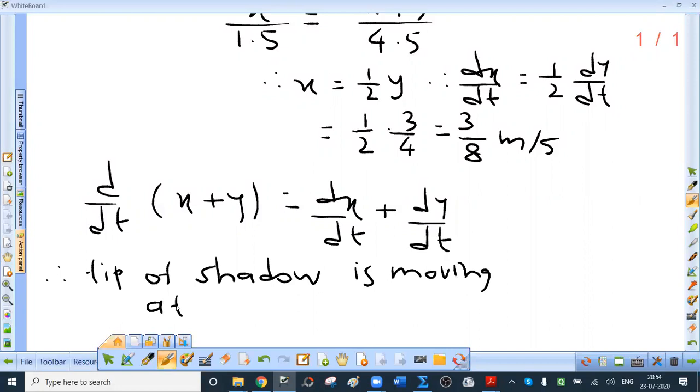What is dx/dt? It is 3 upon 8 plus what is dy/dt? 3 upon 4. So 9 upon 8 meter per second. This is the answer. Okay. Yes, Rama, you are right.